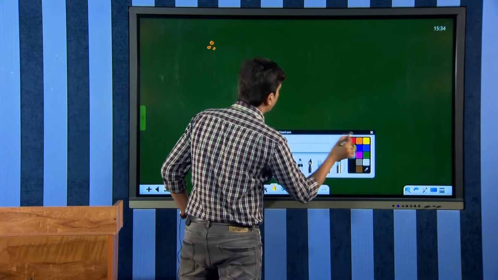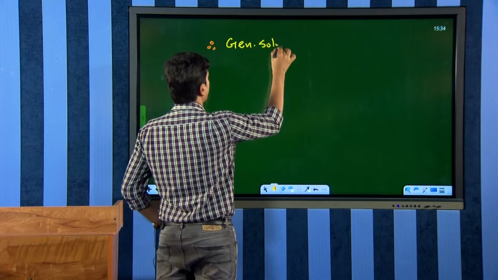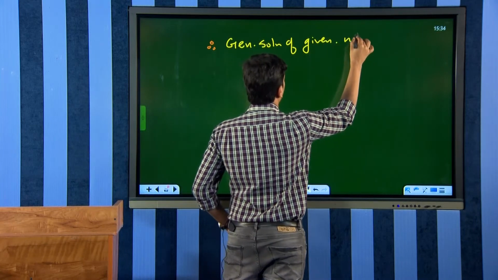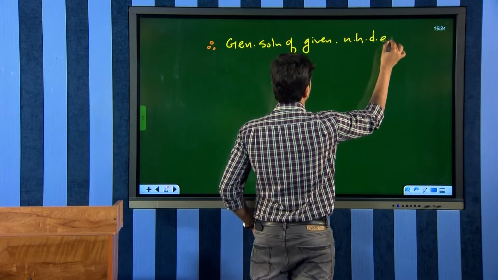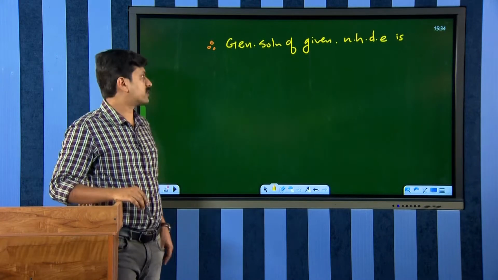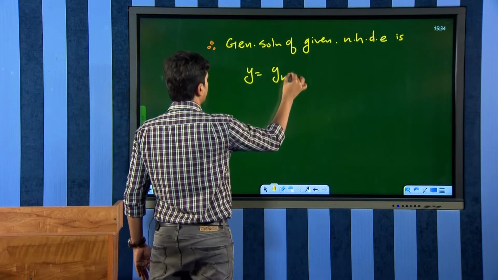The general solution of the given non-homogeneous differential equation is y is equal to yh plus yp.